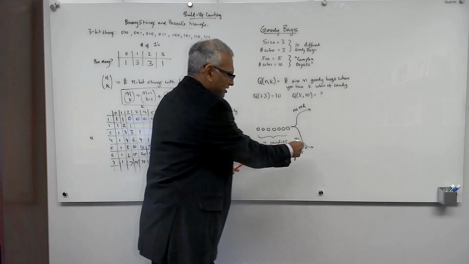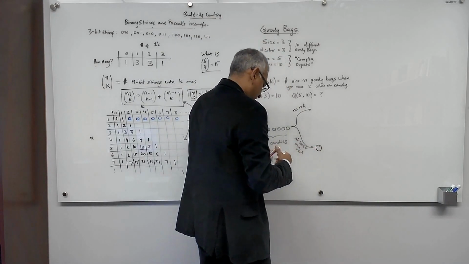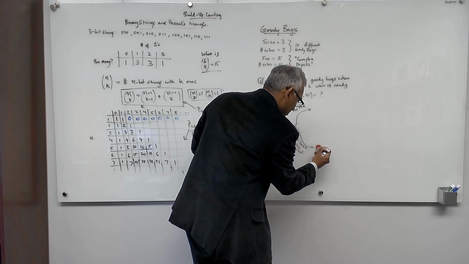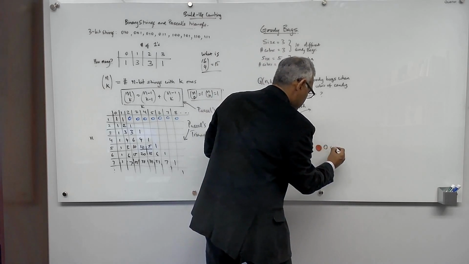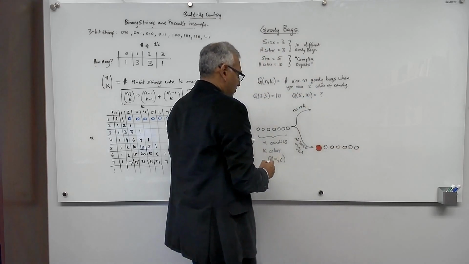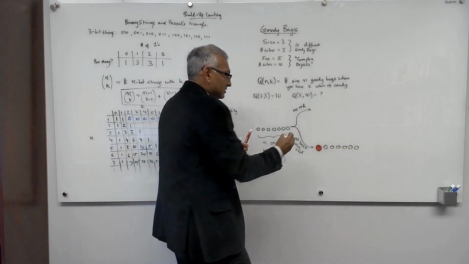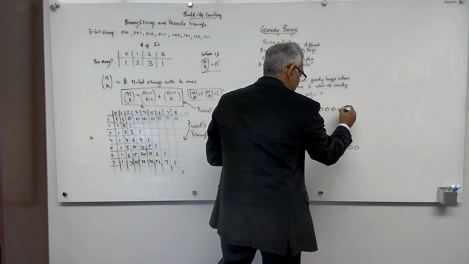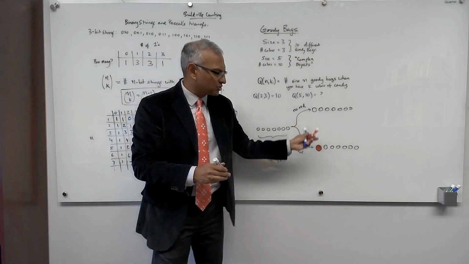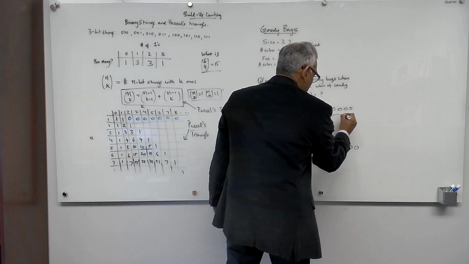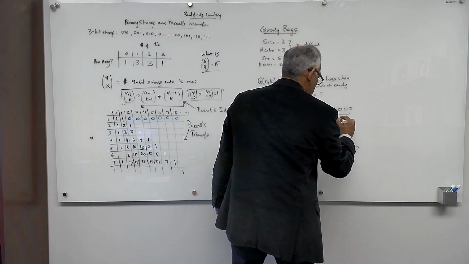Now, if at least one is red, so you have one candy that's red, I'll shade it in red, and then you have your remaining candies. And if your goodie bag has no red candies, then none of these are red. Now let's think about each of these types of goodie bags. This is a goodie bag with n candies.